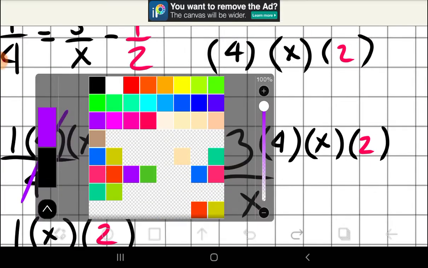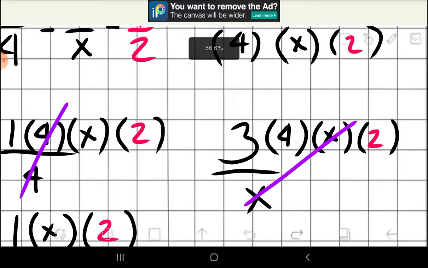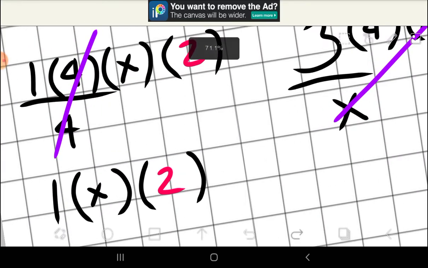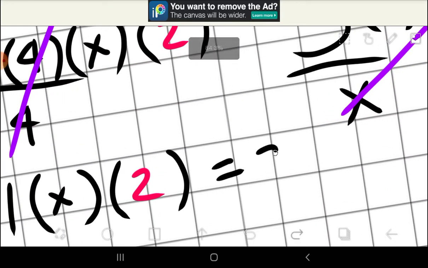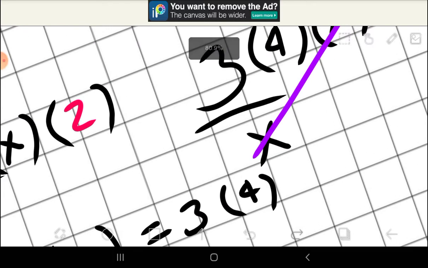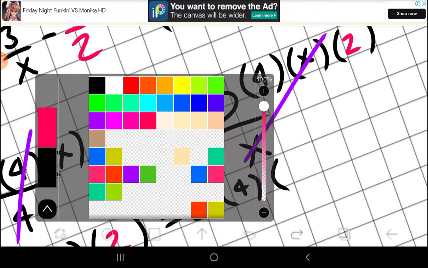As you can see here, we will cancel out x. So it will be equal to 3 multiplied by 4 multiplied by 2.